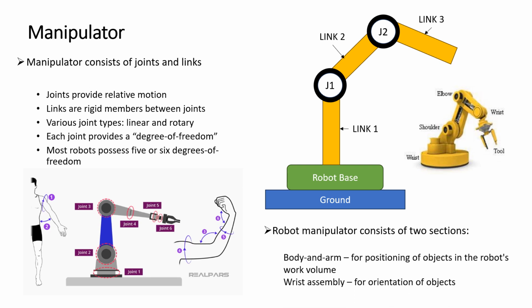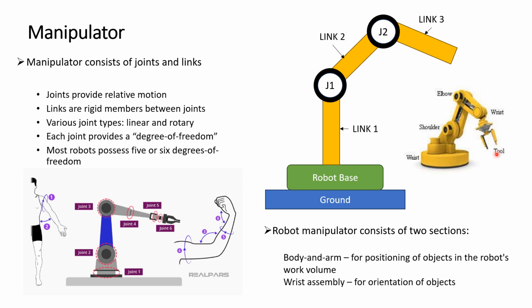Then it consists basically of two main sections, the body and arm. It is for positioning the objects in the robot's work envelope. So this is nothing but the body and the arms, the links. And then the wrist assembly. The wrist assembly is at the end, and to it we attach end of arm tooling, which is also called EOAT or end effector.